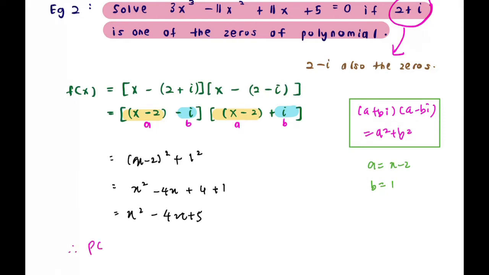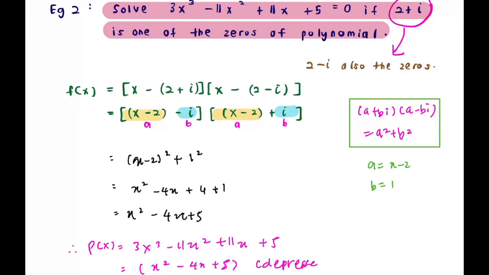Therefore, from our polynomial of 3x cubed minus 11x squared plus 11x plus 5, now one of the factors is x squared minus 4x plus 5, and you may have a depressed equation at the back here.